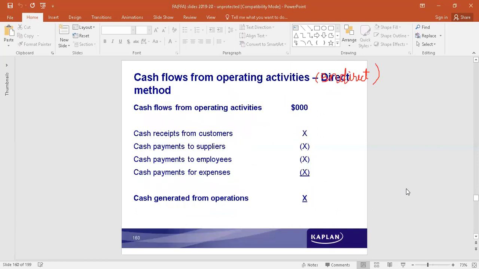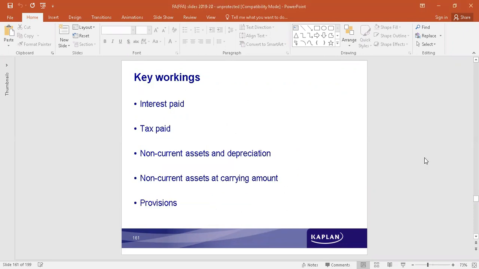Then we see the statement of cash flows from operating activities in the direct method. See the difference. The difference in the operating activity in the statement of cash flow between the direct and indirect method is all with respect to operating activities only. The rest of the two activities are the same in both the methods. I will explain both of them.